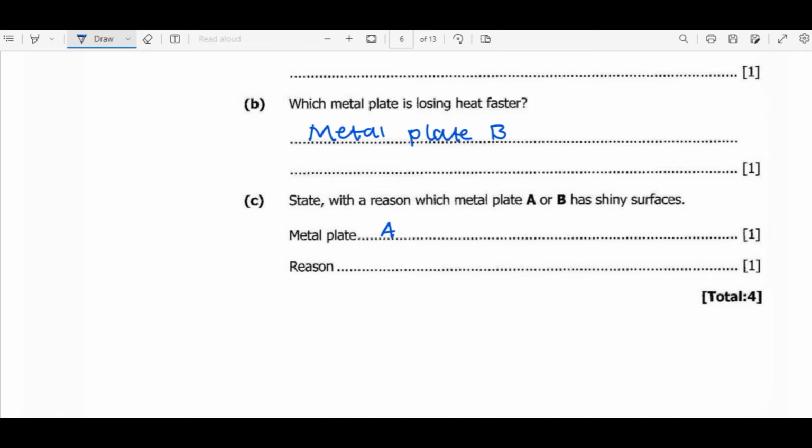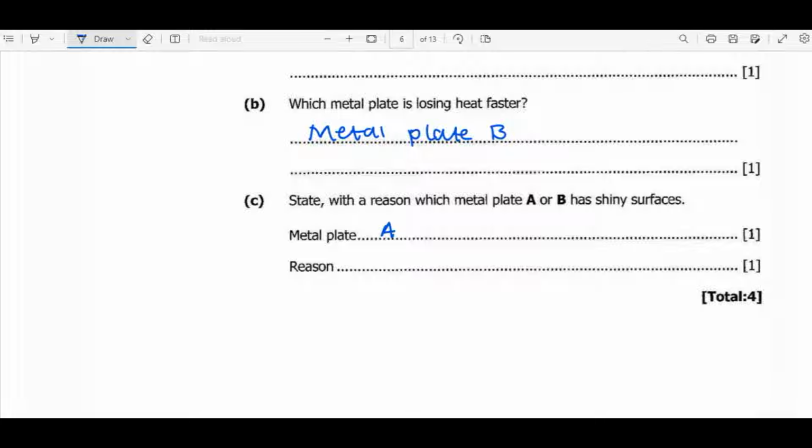What I want you to have in mind is that when it comes to absorbing or emitting heat, the one that absorbs heat faster will lose heat faster also. Then the one that takes time to absorb heat will also take time to emit heat. So the speed at which heat is absorbed is the same speed at which heat must be emitted.